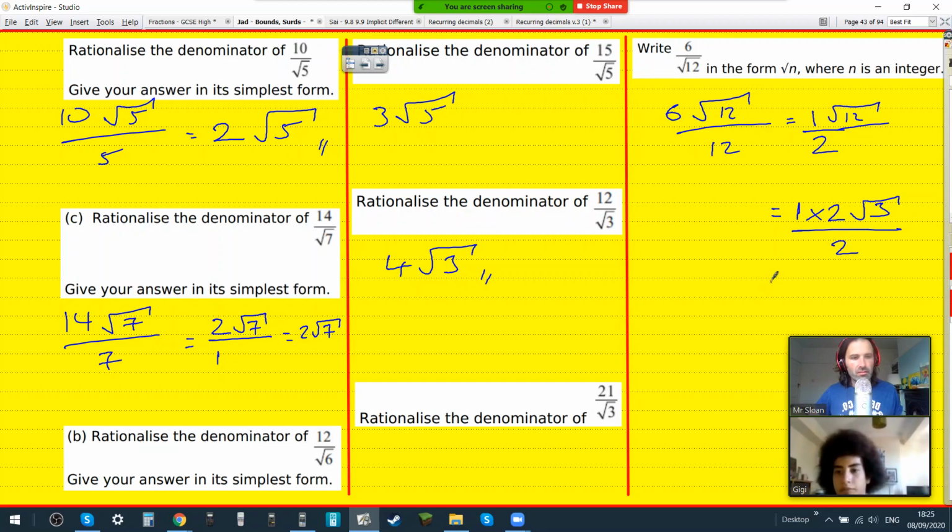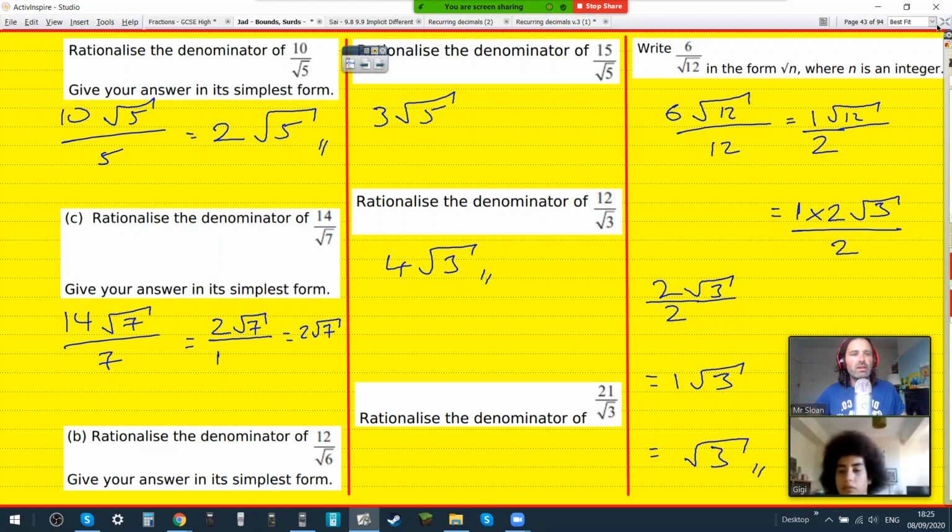Should be 2 over 2 root 3. So it would be 1 root 3, equals root 3. Yep, well done.